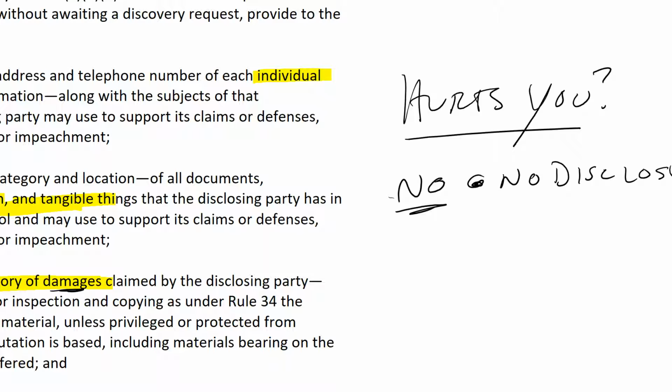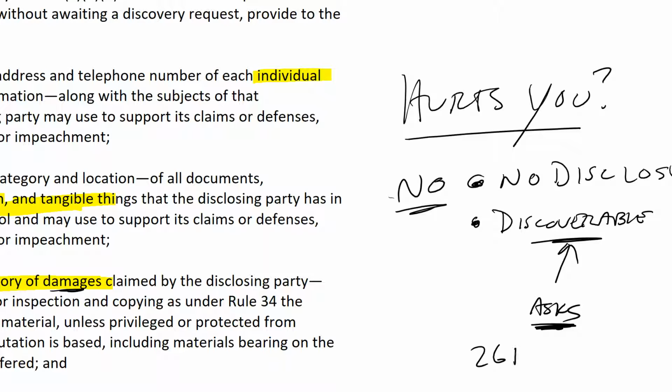No disclosure requirement, but the information is still discoverable, right? So if somebody asks you for that information, you still would have to give it up so long as it falls within the Rule 26B1 scope of discovery, which looks to non-privileged information that is relevant to any claim or defense, right?